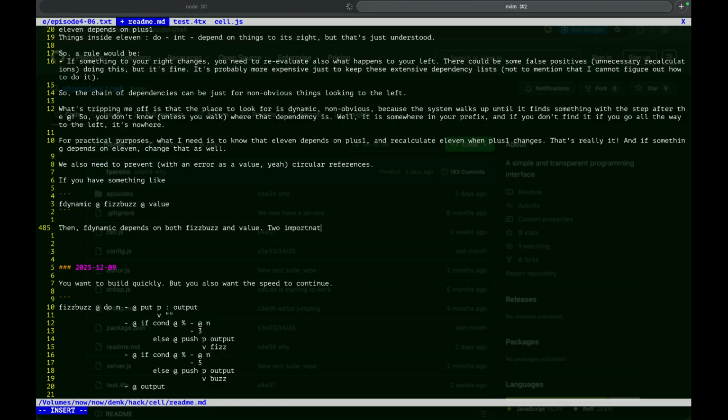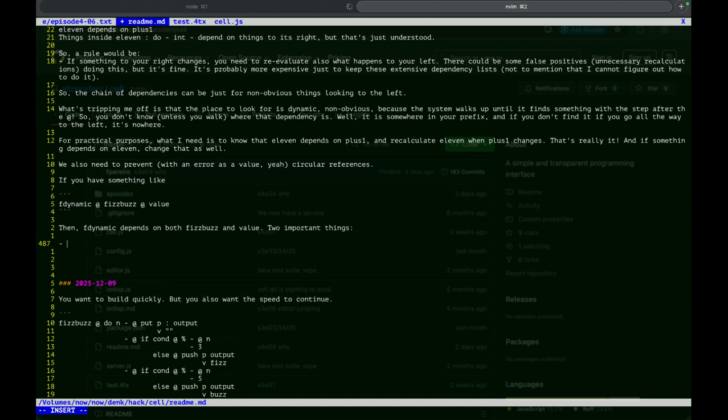Two important things. Instead of thinking in terms of top level or not, let's just think in terms of prefixes before the first at.